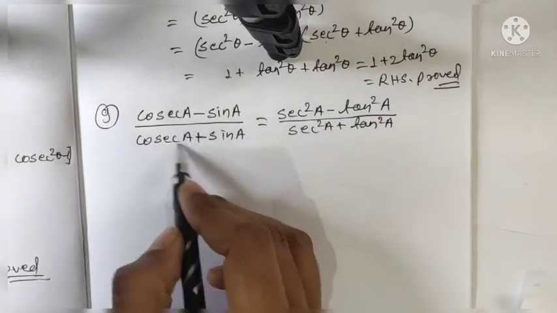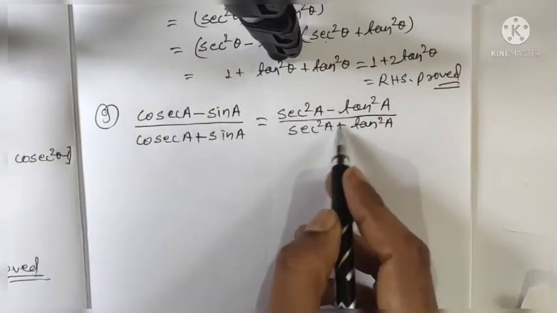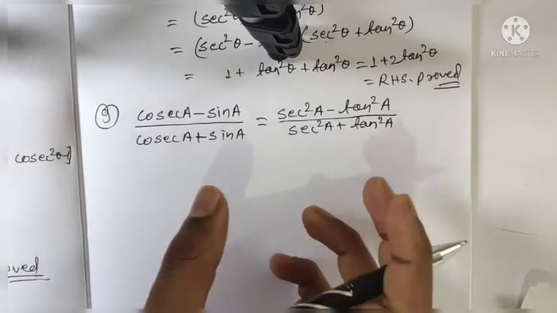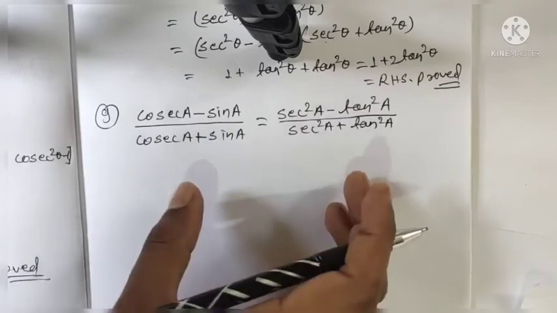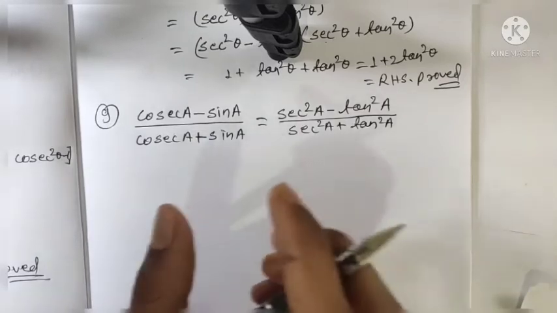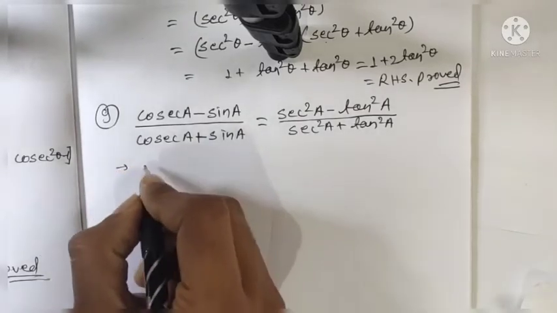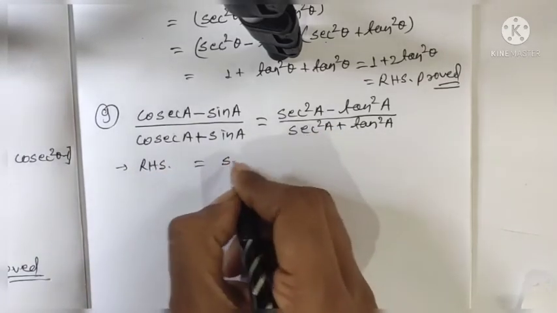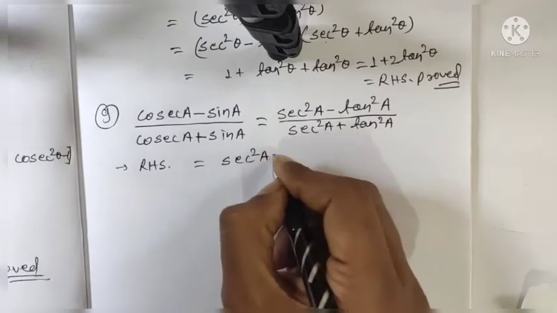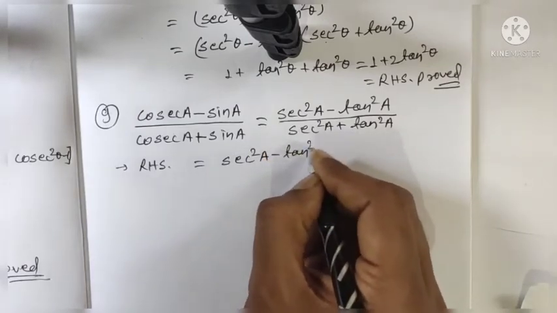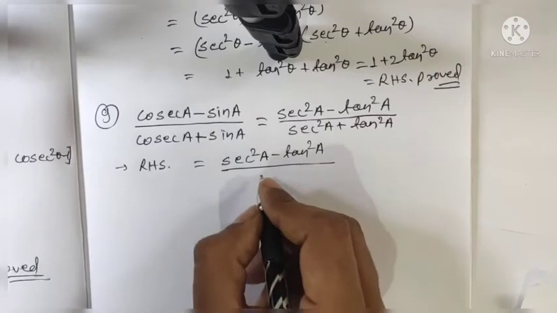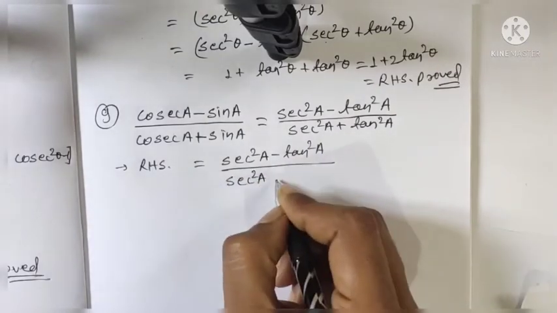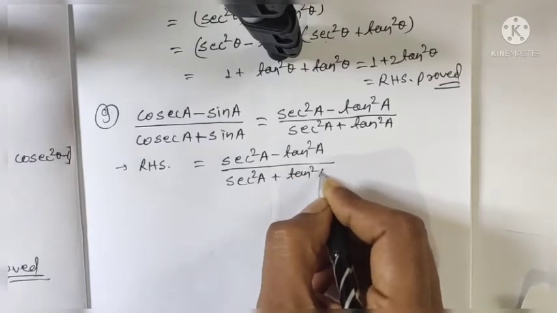Now, in this case, this is in the simplest form, so we are going to solve the right hand side for your convenience. And again, I am saying that you can solve any one of these, either the left hand side or the right hand side. So, I am going to solve the right hand side here. So, it will be (sec square A minus tan square A) by (sec square A plus tan square A).